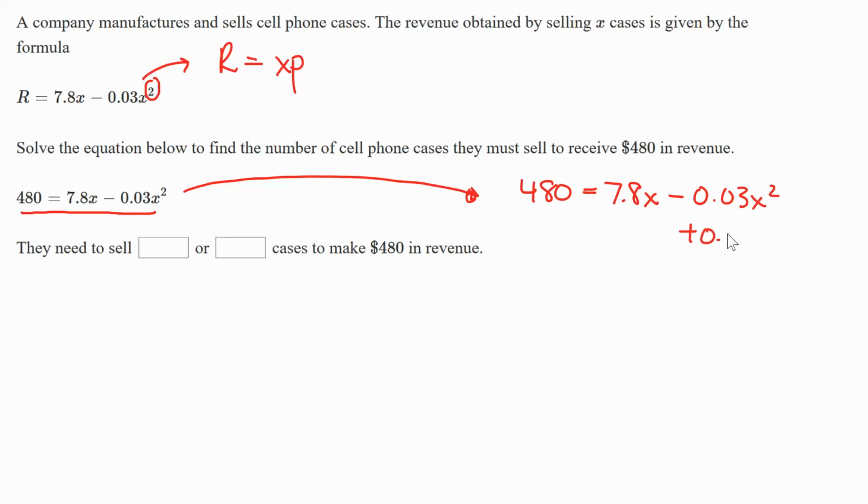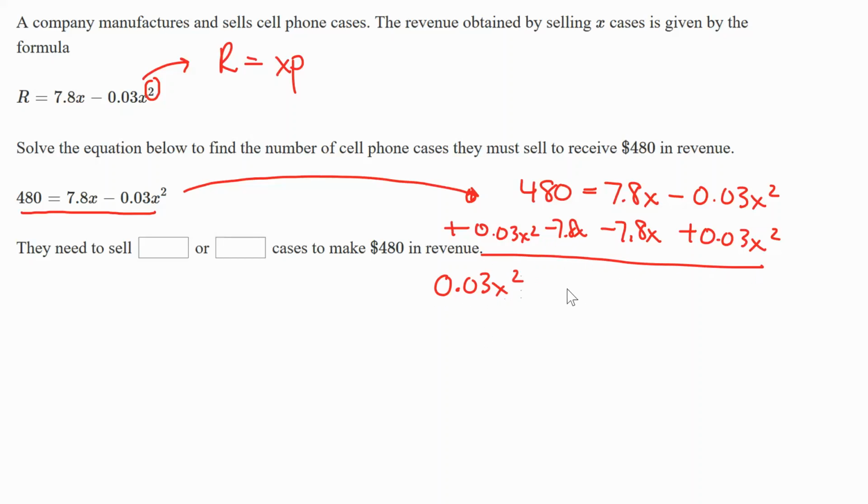Let's move the x squared over to this side. Let's move the 7.8x over to this side as well. So we have ourselves our equation: 0.03x squared minus 7.8x plus 480 is equal to 0.